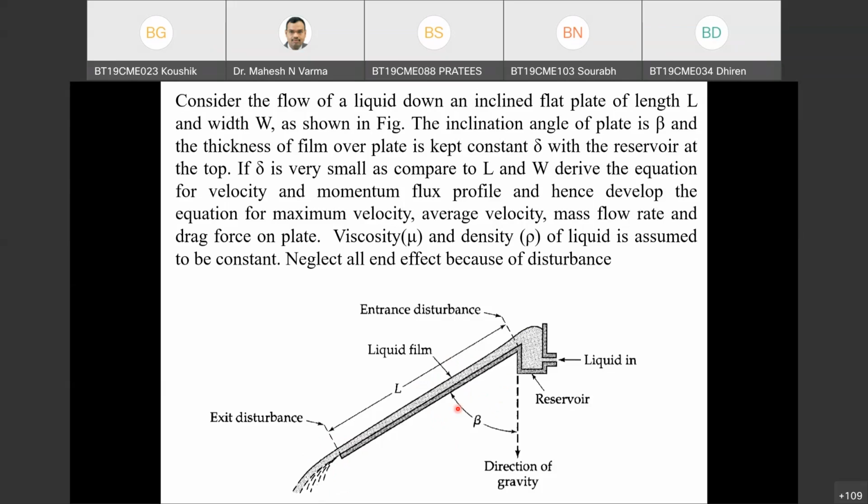Everybody has taken down this equation, this data. So you can write S in chat box if you have taken down this problem. Note down this problem and draw a figure.